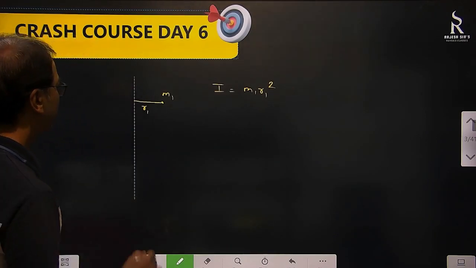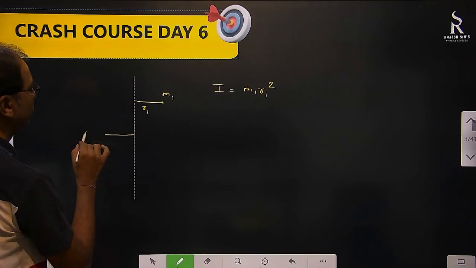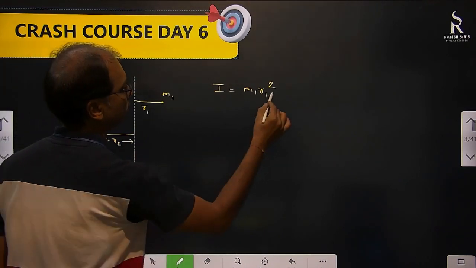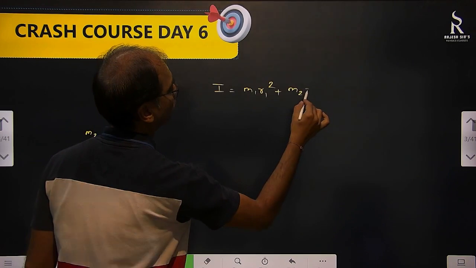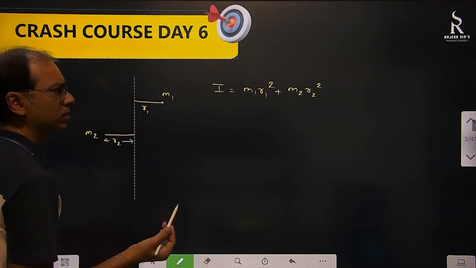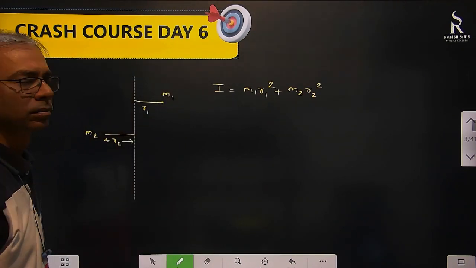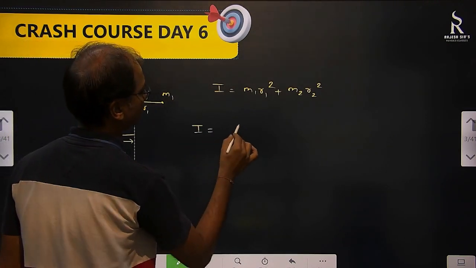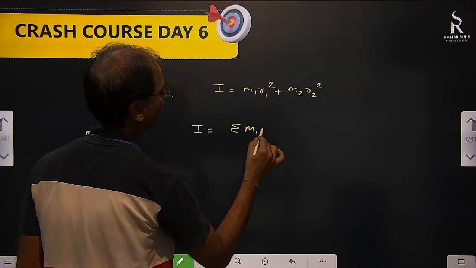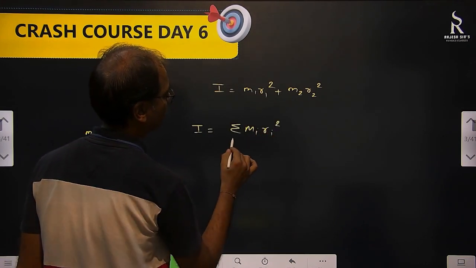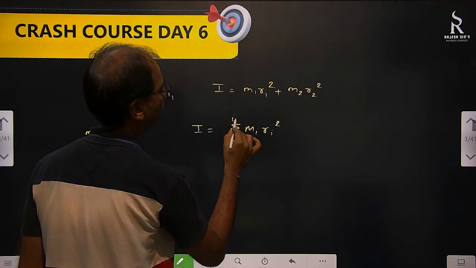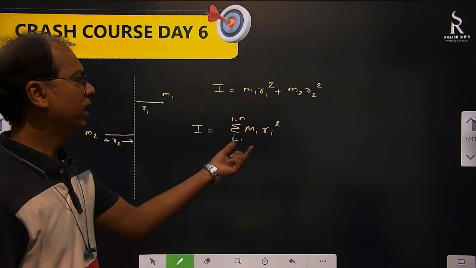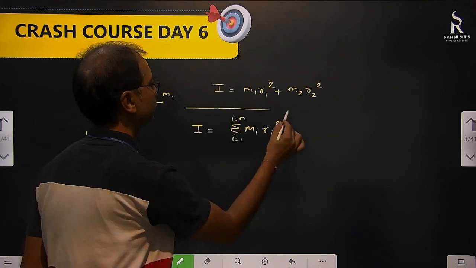If there are multiple particles, add them: m2 r2 square, and if there are more like this, we keep on adding. So I equals the sum of mi ri square, from i equal to 1 to n if there are n particles. This is moment of inertia.